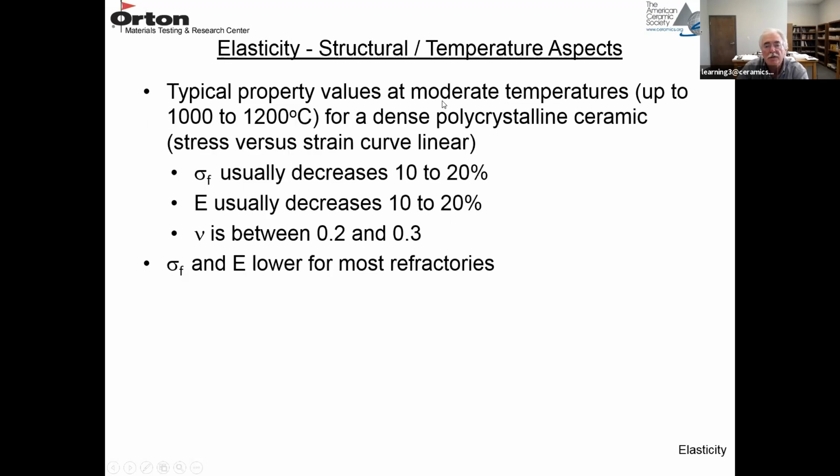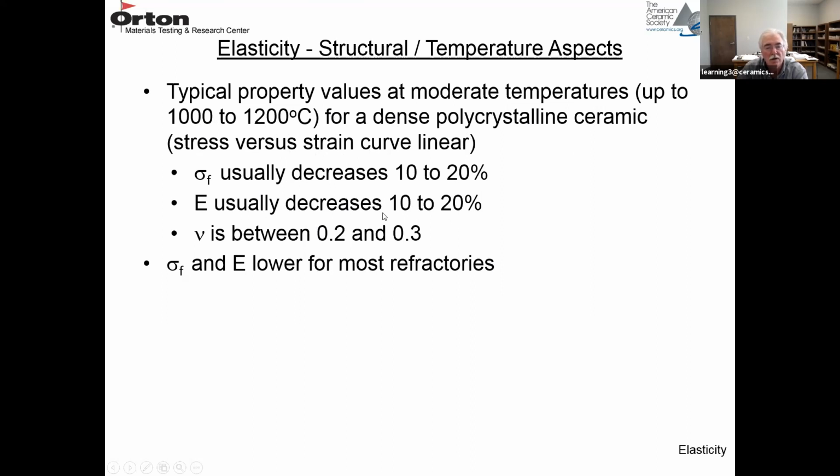If you increase the temperature to intermediate or moderate temperatures, maybe up to 1,000 or 1,200 degrees C for a dense polycrystalline ceramic, your stress strain curve is most likely still going to be linear. It's still a brittle material, but the strength is going to start to decrease maybe 10 to 20%.